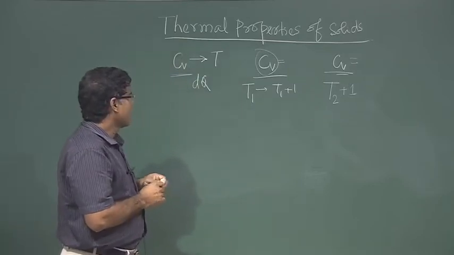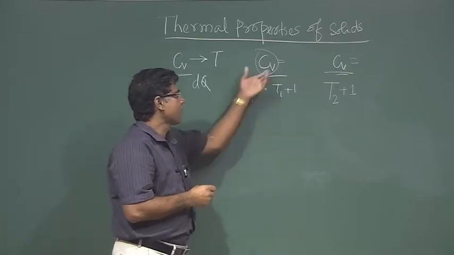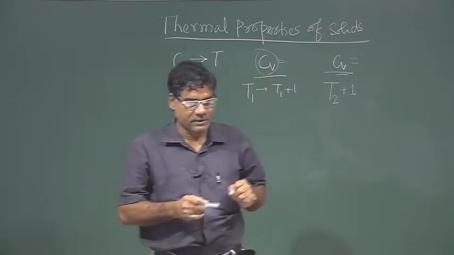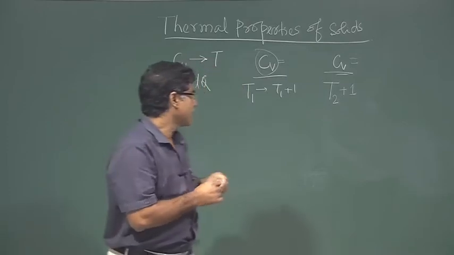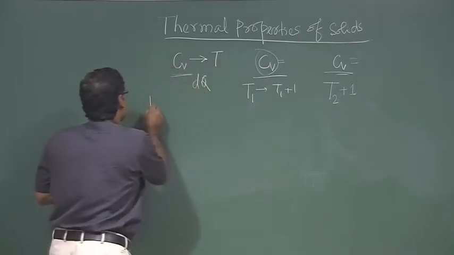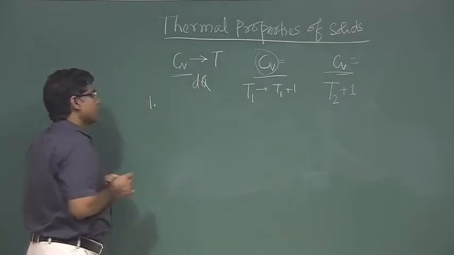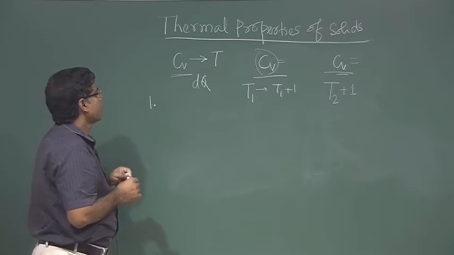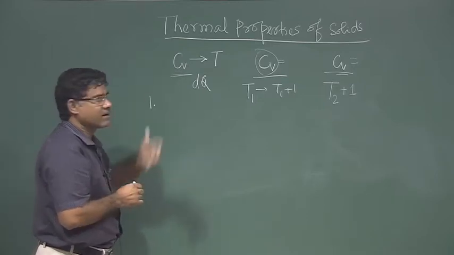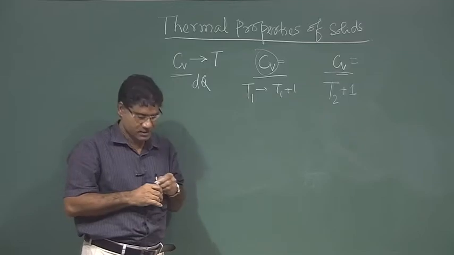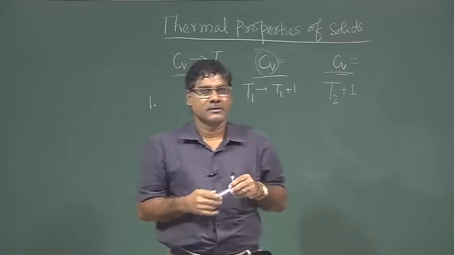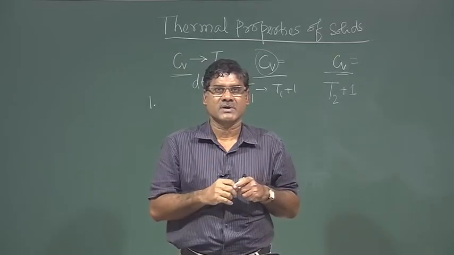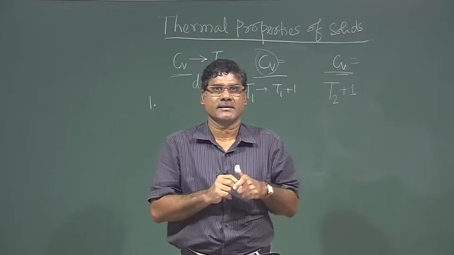When we are giving Cv amount of heat to a solid, what may happen? A solid is made of a lattice, or these atoms are arranged in the solid nicely.